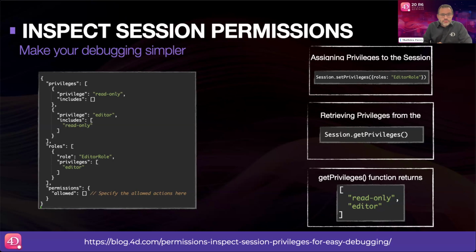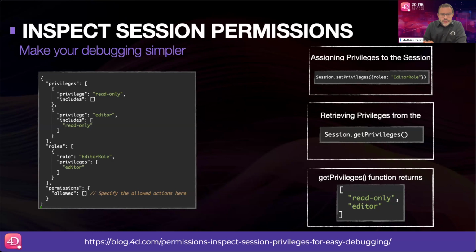So let's dive into a quick example of how privilege-based access works. In the roles.json file that you see on the left, privileges and roles are defined. Privileges can include other privileges, and privileges are assigned to roles. During authentication, you use the ds.authentify function to assign a role to the session. And later on, at any time, by calling the new getPrivileges function, you can easily retrieve a list of active privileges for the current user.